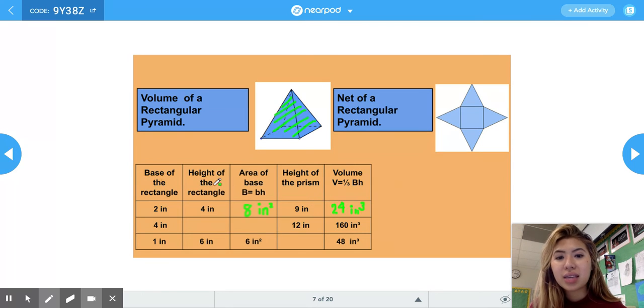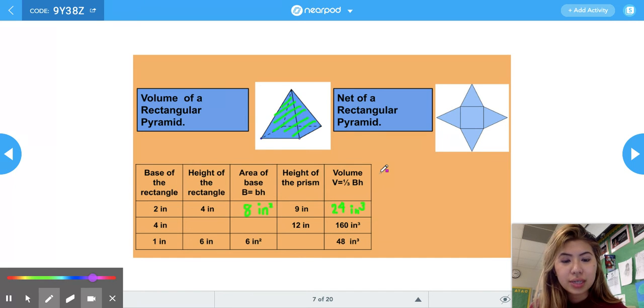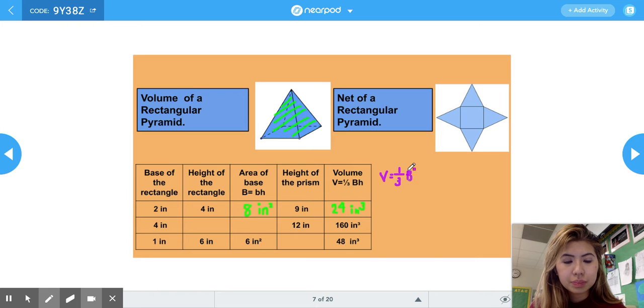And then in this case, we're given the volume and we're given the height, but we have to work backwards to find the base area and then afterwards the height of the base shape. Okay, so I'm going to write out my volume formula, which is V is equal to 1/3 base area times height. I'm going to plug in what my volume is, which in this case is 160, is equal to 1/3.